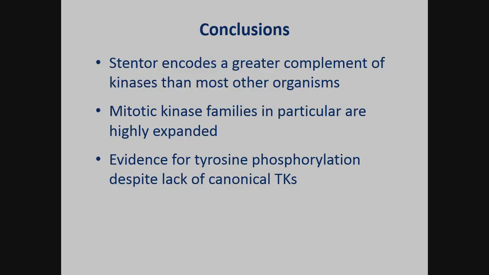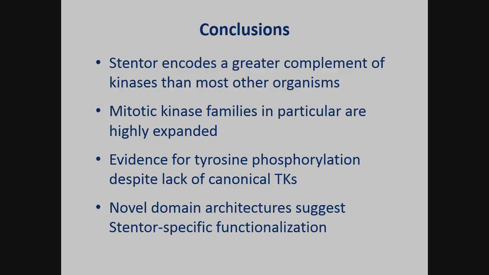And we also find indirect evidence for tyrosine phosphorylation despite lack of canonical tyrosine kinases. And we're really interested in doing Western phosphotyrosine to look for more direct evidence of tyrosine phosphorylation. And we found a couple examples of novel domain architectures that point towards Stentor-specific functionalization.